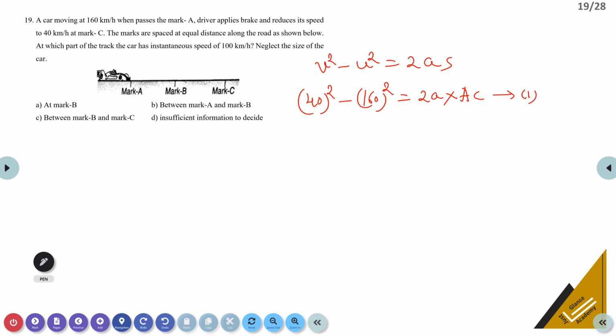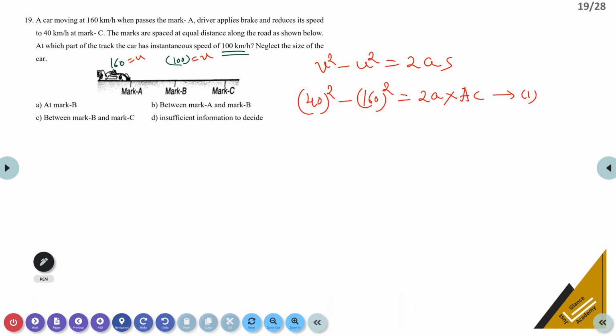Next part is what he said, that where the speed becomes 100 km per hour, starting is 160, the final is how much? 100. Where it comes here, whether at point A or B or between AB or BC. Here this is the final speed, this is the initial speed.